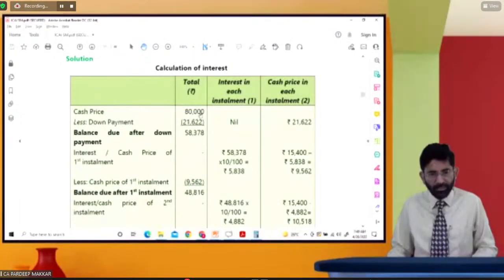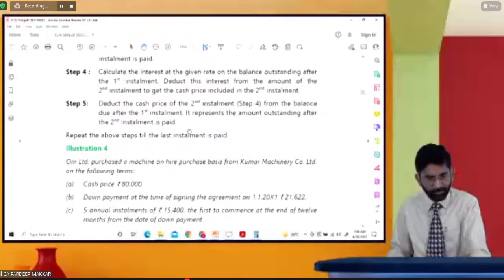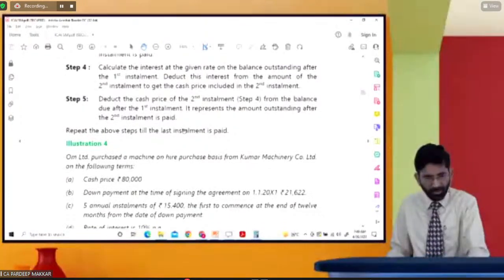Here the cash price is 80,000, very good. And then there's a down payment of 58,378. Very good. Balance due after down payment. Cash price is given to you in the question, no, beta? If cash price is given to you, there's no worry.